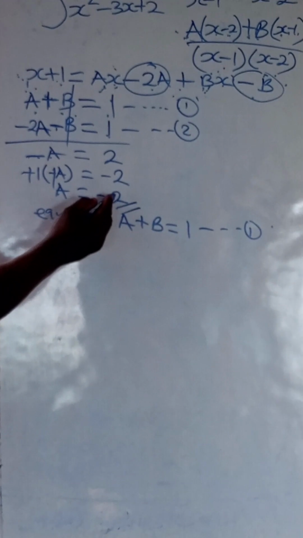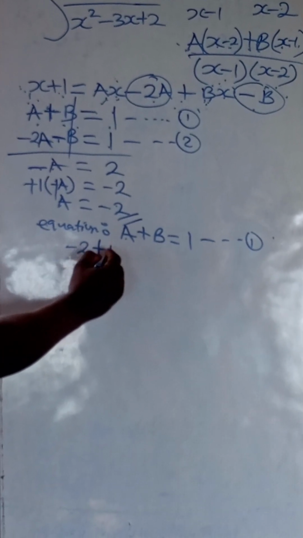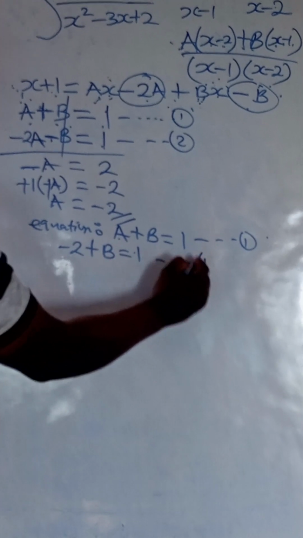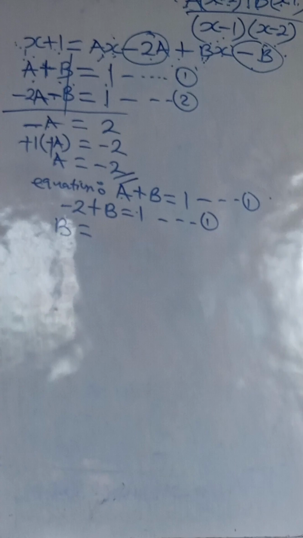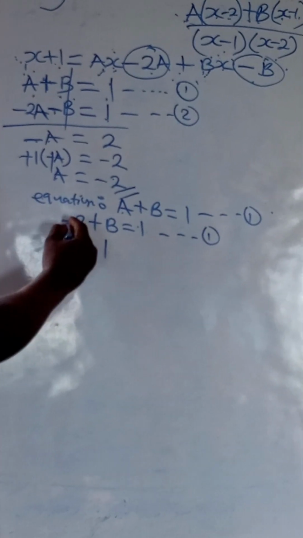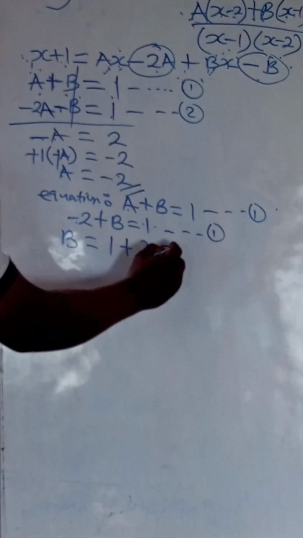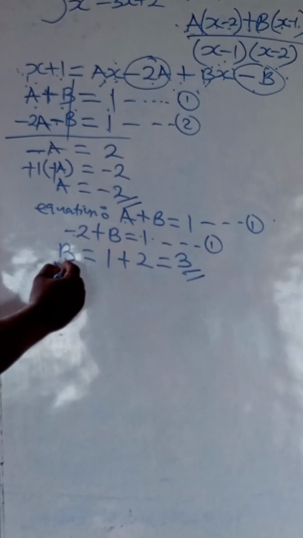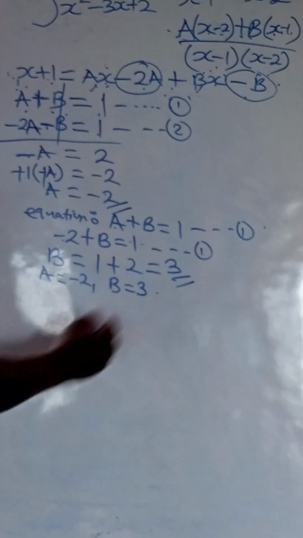I'll substitute minus 2 into this one, and I have minus 2 plus B equals to 1. Now to get B, collect like terms. This is 1. Minus 2 changes to the other side, changing to plus 2, which eventually gives 3. Then my A here is minus 2, while B equals to 3.